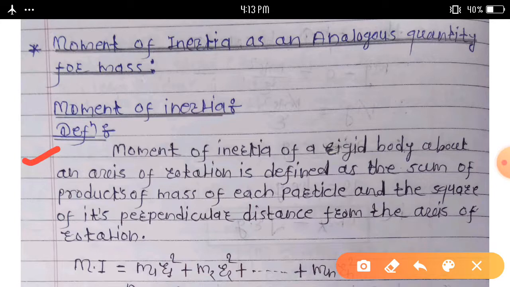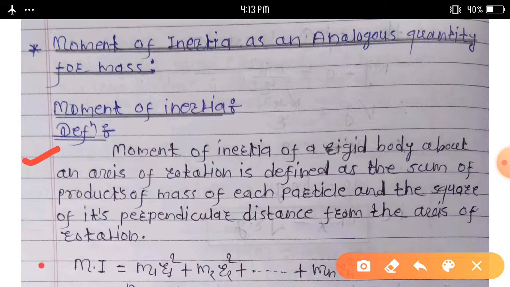Moment of inertia of a rigid body about an axis of rotation is defined as the sum of the product of masses of each particle and the square of its perpendicular distance from the axis of rotation.